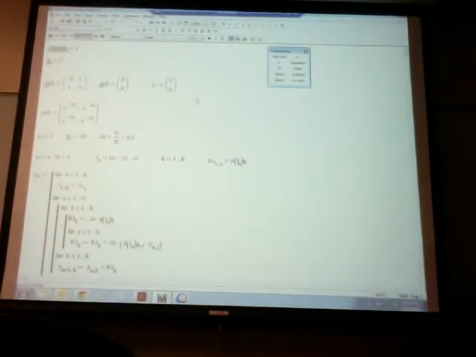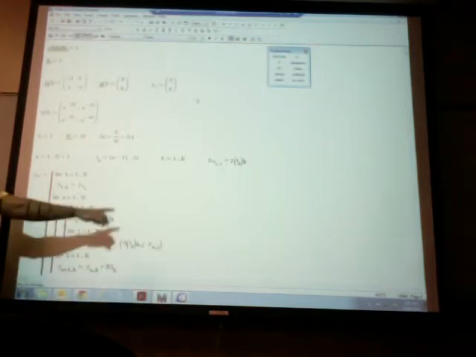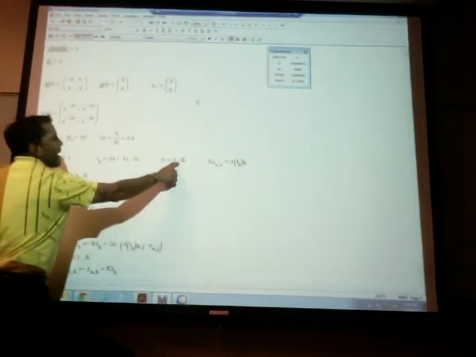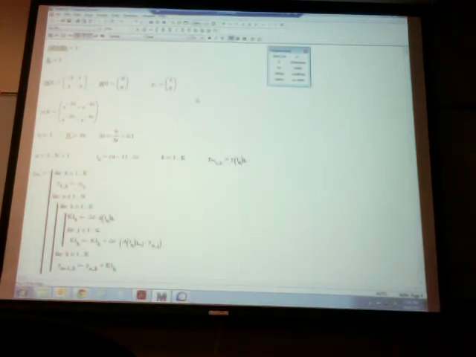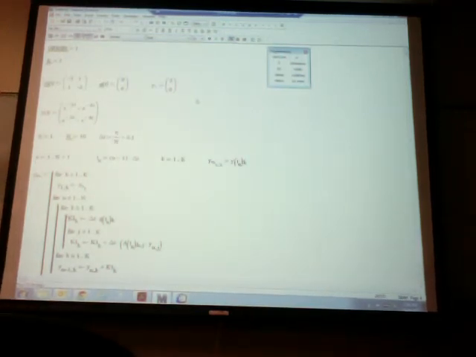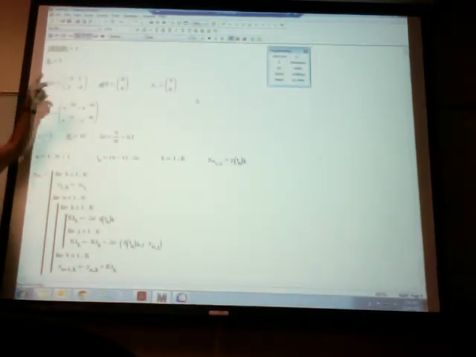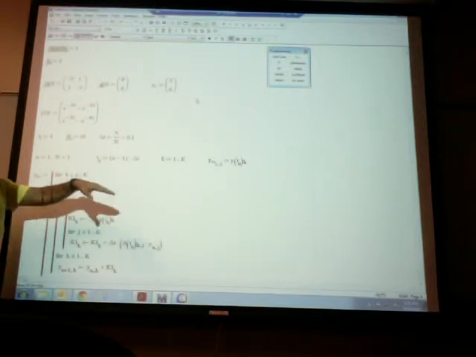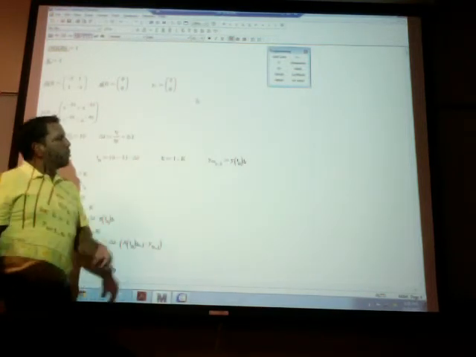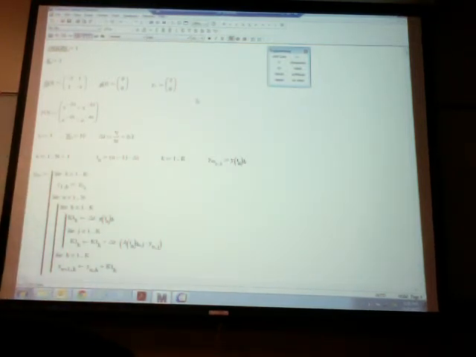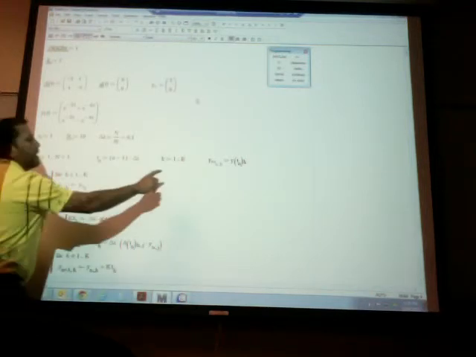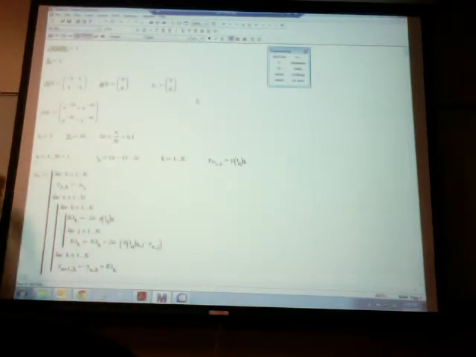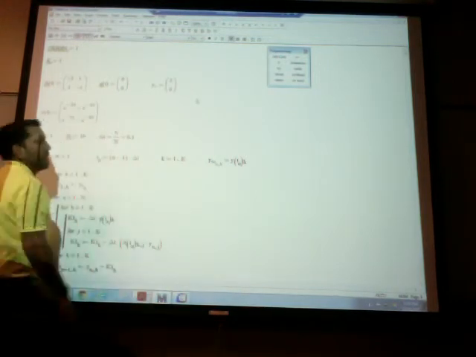Lowercase k is a counter for the number of equations, and big K equal to 2 indicates that we have 2 equations, a system of 2 coupled ordinary differential equations. Okay, so I'm creating an array called yx, x for exact, that has a range n associated with it and a range lowercase k associated with it.